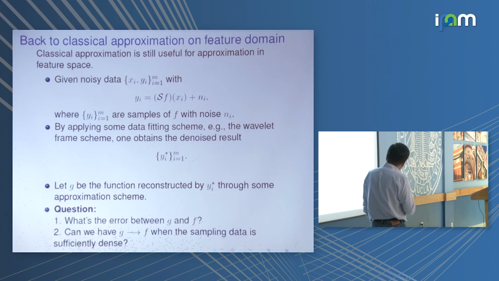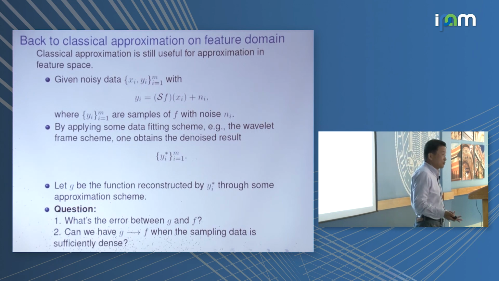You can ask whether your G converges to F, what the rate is, what the noise level is, how it relates to the noise level, and whether G goes to F. That's the question you want to ask.